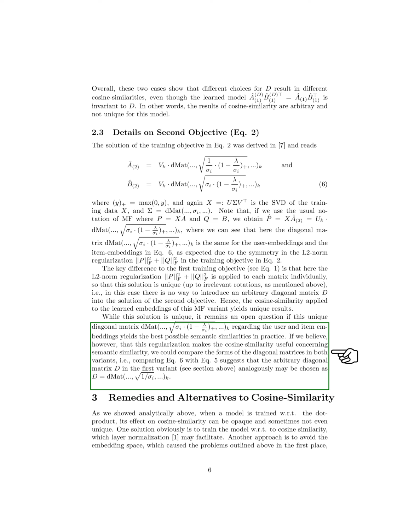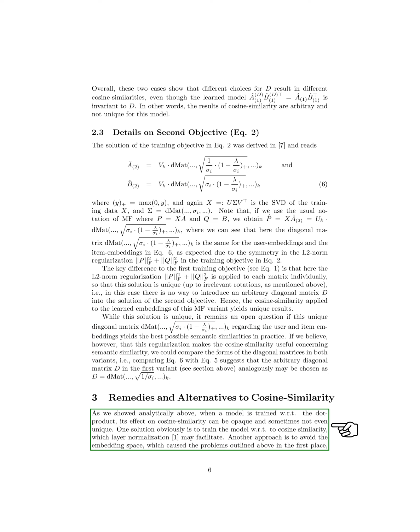We also explored remedies and alternatives to using cosine similarity. One approach is to train the model specifically with respect to cosine similarity, which can be facilitated by layer normalization. Another strategy is to project the embeddings back into the original space before applying cosine similarity.